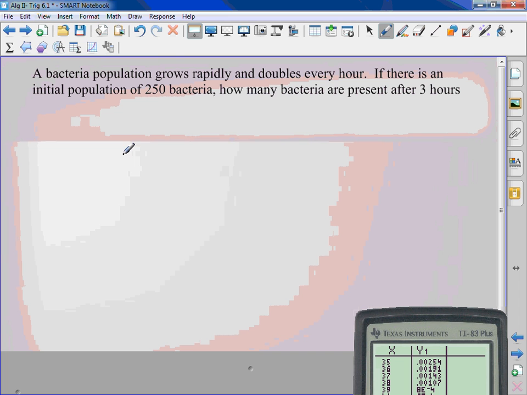Okay. Here's this problem. A bacteria population grows rapidly and doubles every hour. There is an initial population of 250 bacteria. How many bacteria are present after 3 hours?